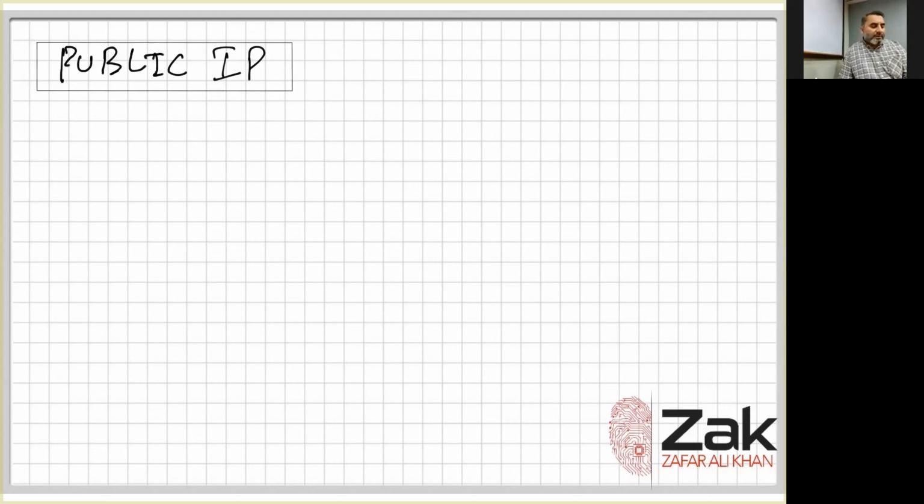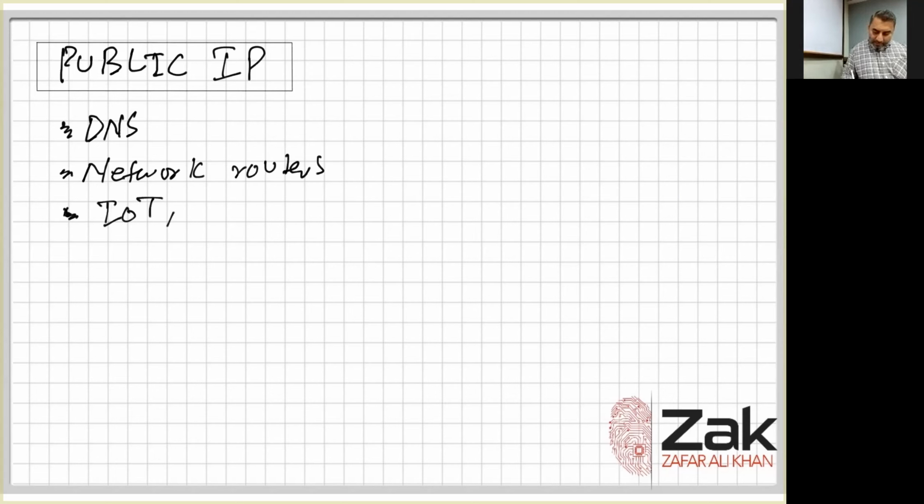Public IP addresses are used by DNS servers, domain name servers, and network routers. And then we have directly controlled computers like in IoT. Here they are used.